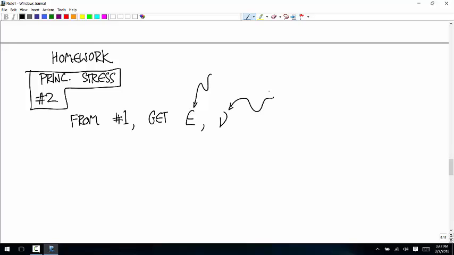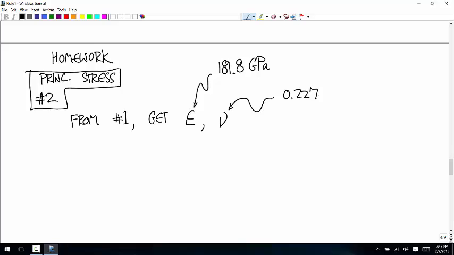Okay, so we got 181.8 gigapascals, and Poisson's ratio 0.227.